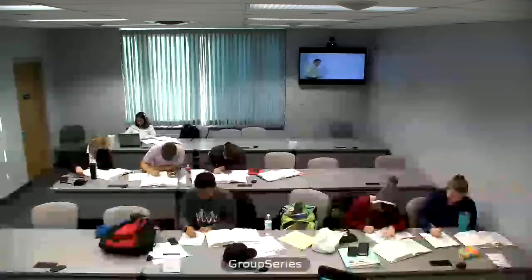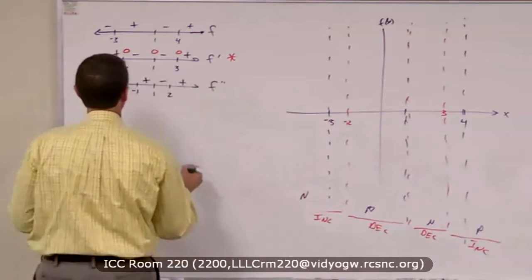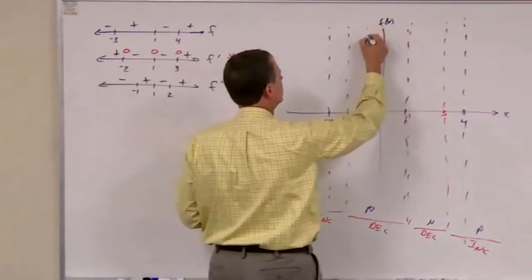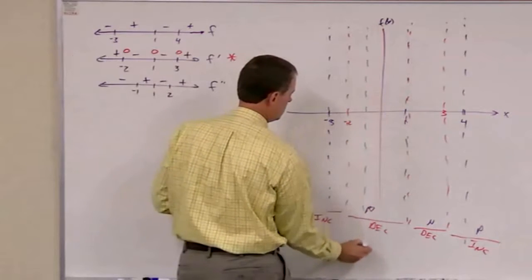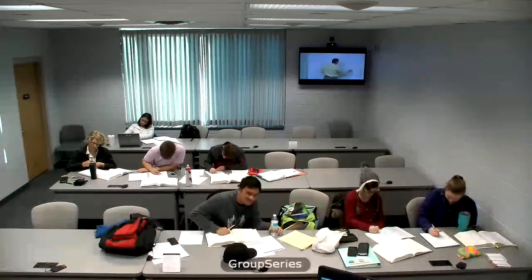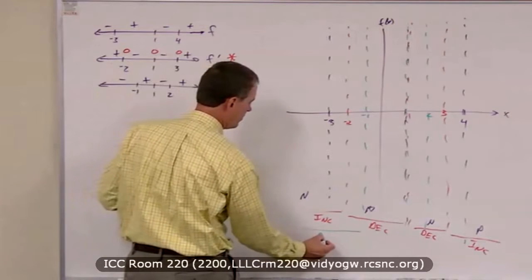Then we do the f double prime. So -1, 1, and 2. Left of -1, it is concave down.